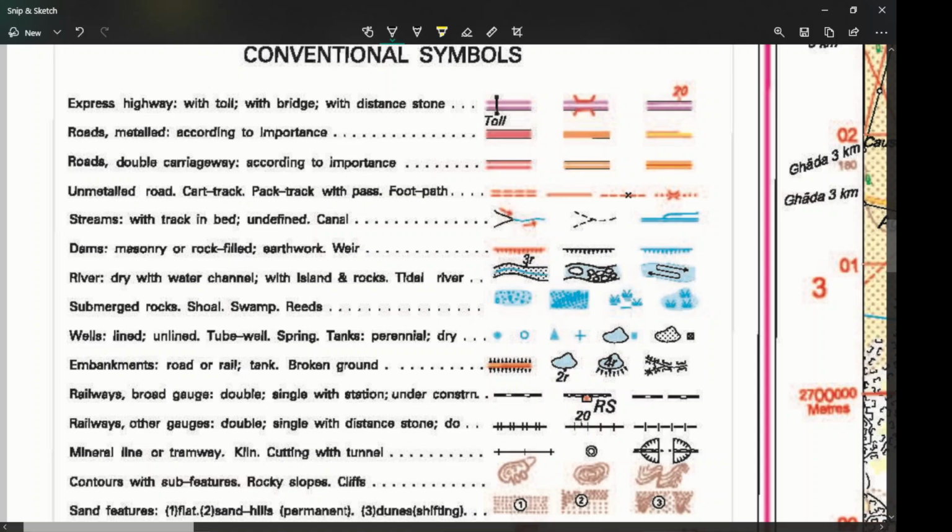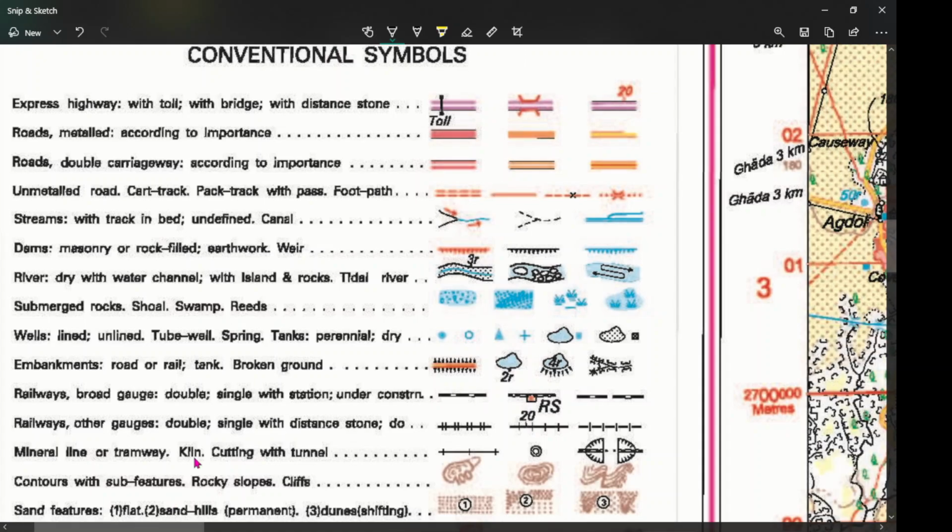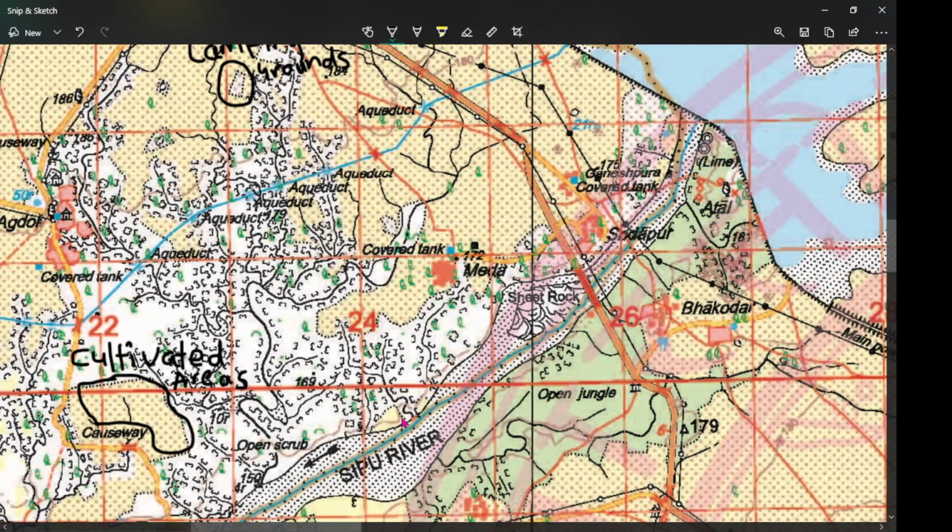Dams and, I'm also able to identify that there is some water channel with the dry lands around. So this is the feature I can identify over here.